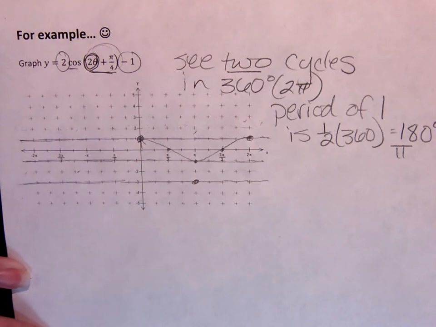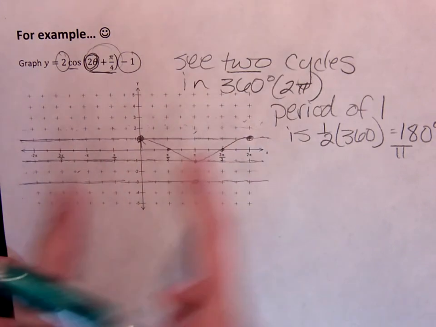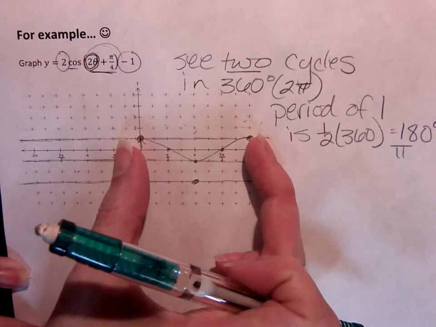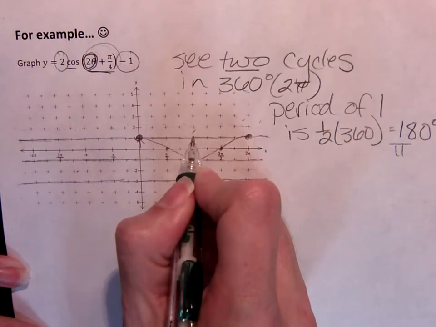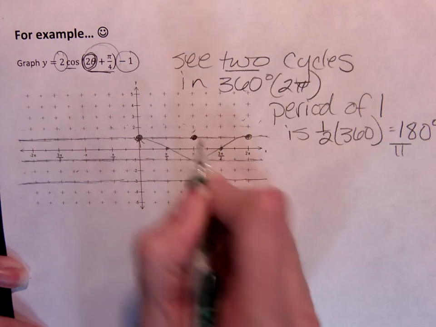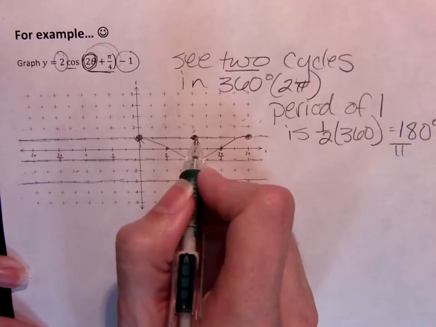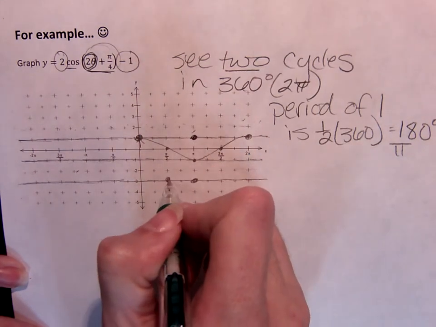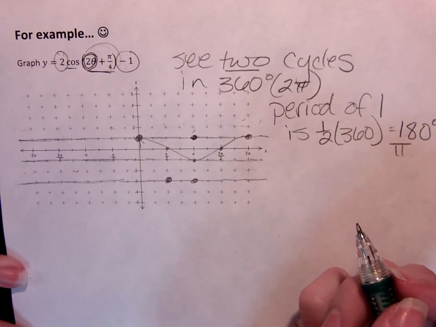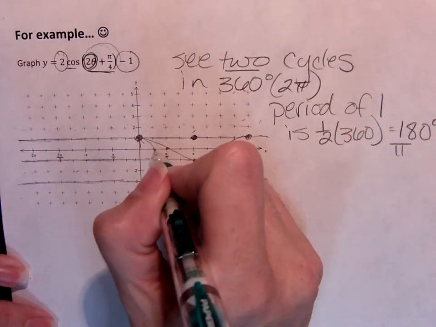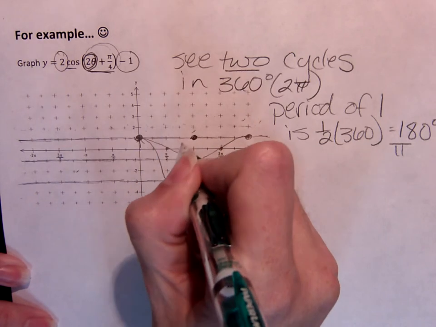So what that means is I'm going to take my whole function and it has to happen in that smaller space. So we're going to start at 0. We're going to end now at 180, and halfway between that we're going to drop to my minimum point there. Curves down and back up.